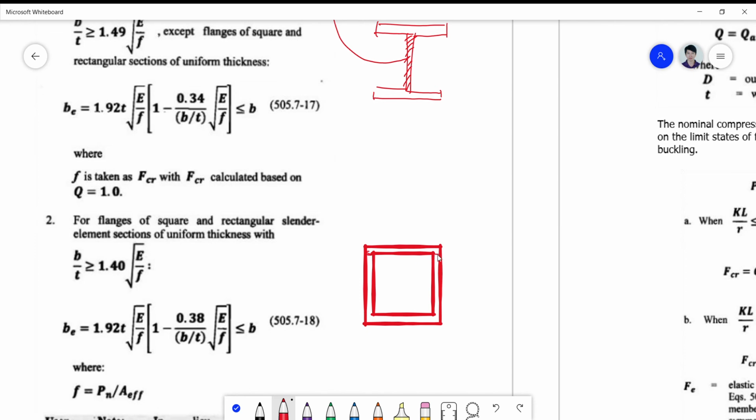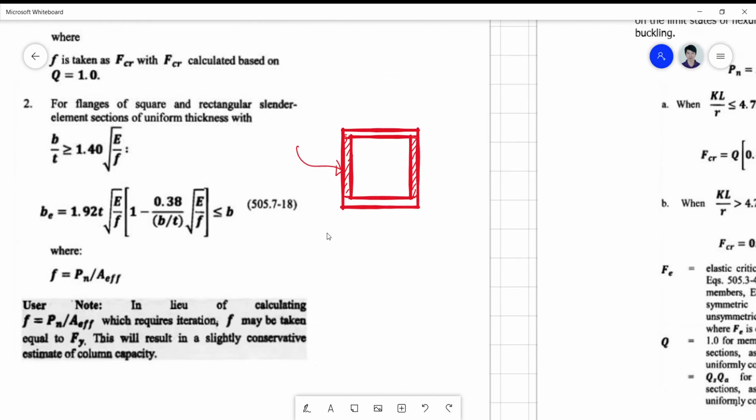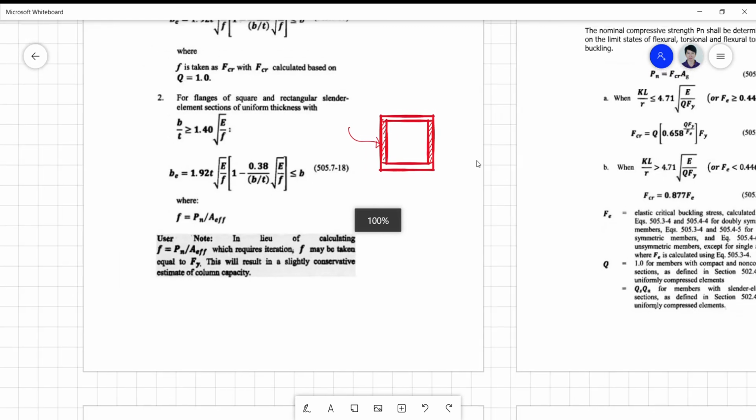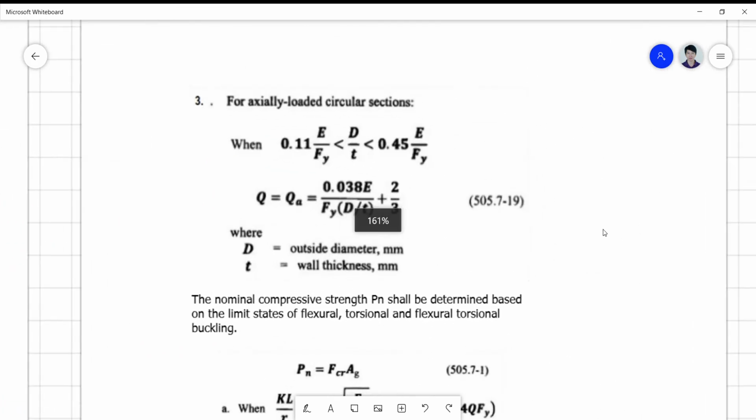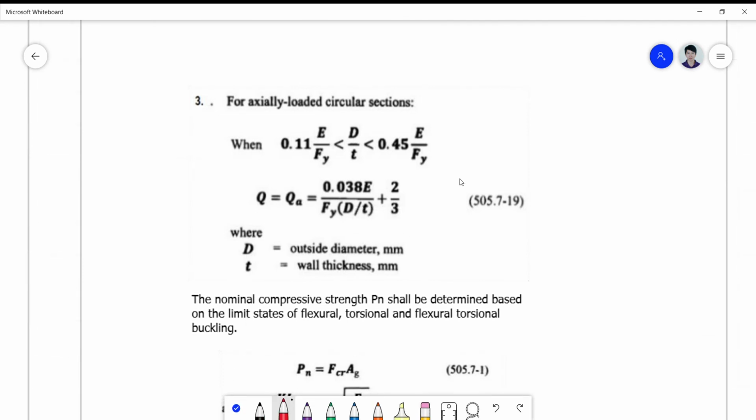So these are now your stiffened elements. And for the last, we have the circular shape. For a circular section, this is also a stiffened element.